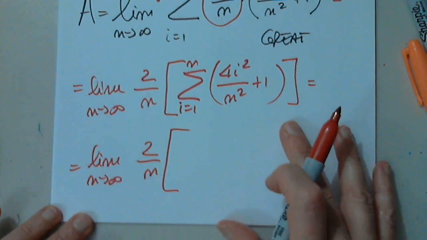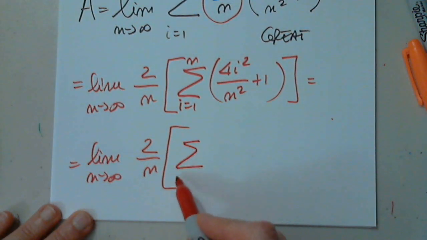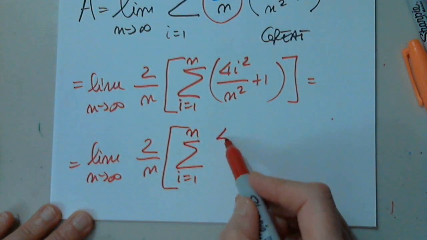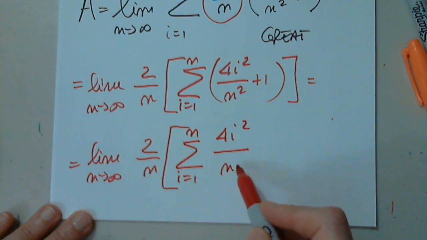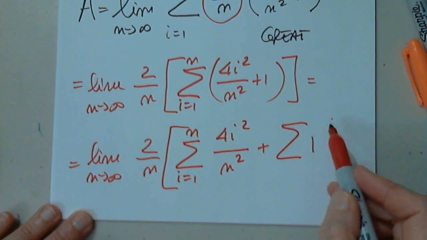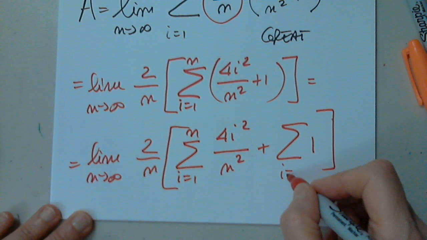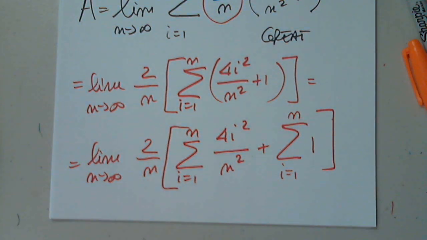This is one of the properties we just looked at. The sum from i equals 1 through n of 4i squared over n squared plus the sum of 1 from i equals 1 through n. I hope you're going to watch this again because it's a lot to take care of.